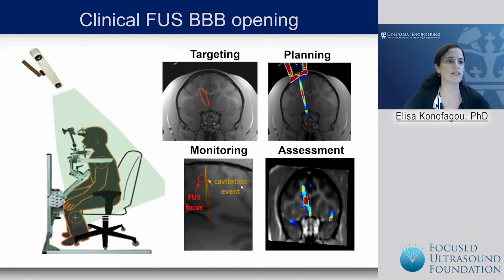And then we monitor the actual event of cavitation that allows us to see where the opening has happened, either with the PCD or passive cavitation detectors for looking at whether the bubbles have gone into the region of the focus, or with what you see here, which is a map of the cavitation event. I'm going to end with that as part of my presentation. And then finally, we take the patient to the MRI with contrast enhanced MRI to see how close the actual opening was to what we planned.